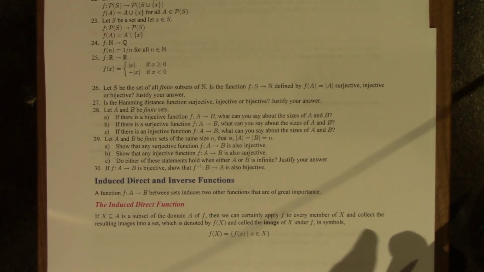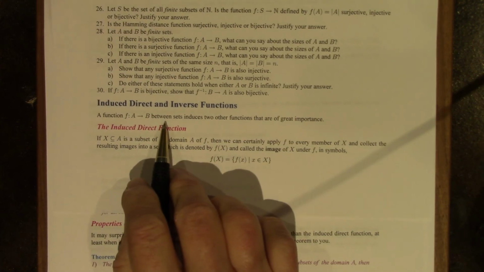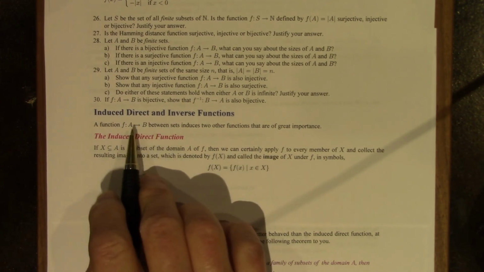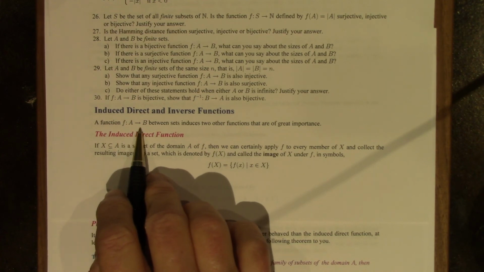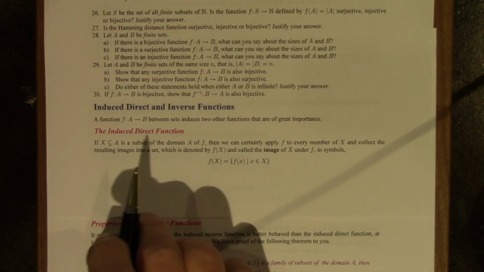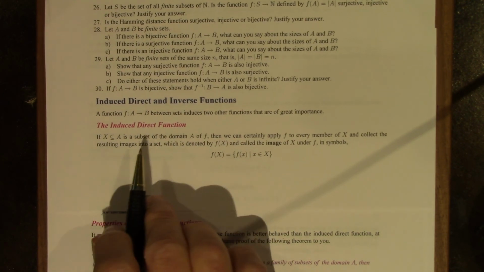Okay, we've got a couple more things to discuss concerning functions. The first one concerns what are called induced functions. So if we have a function f from A to B, this induces two other functions. One is called the induced direct function.